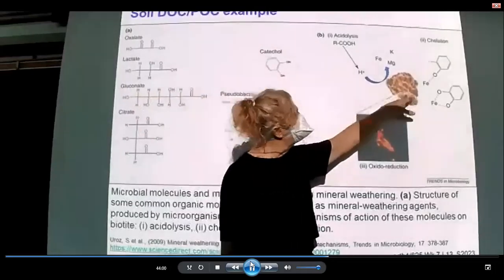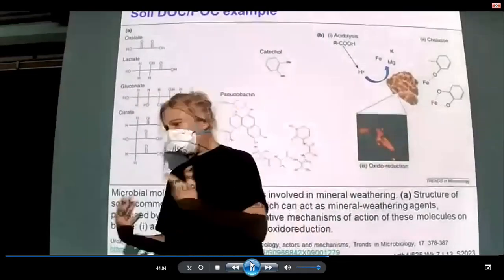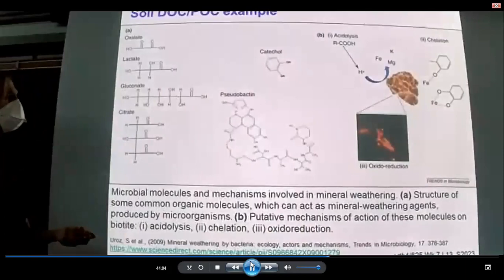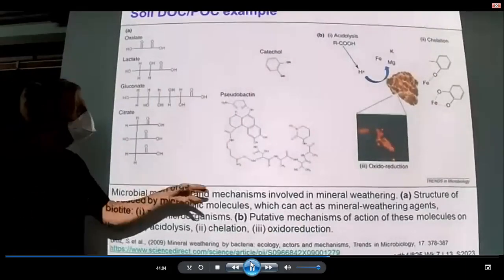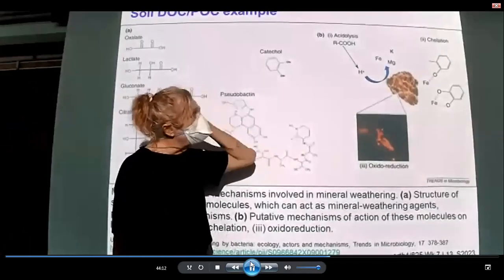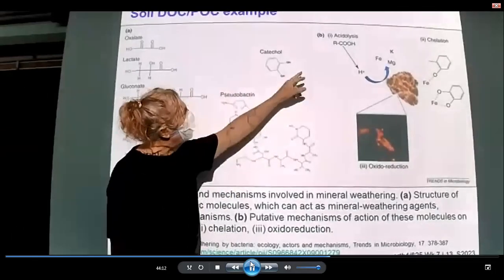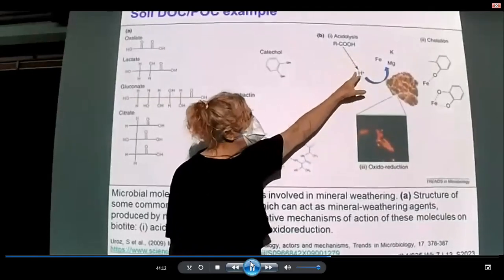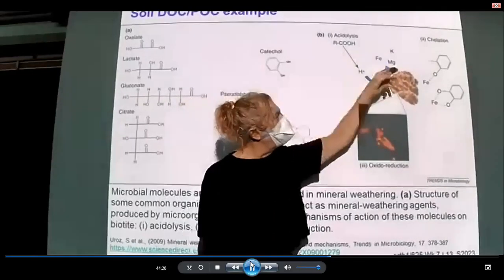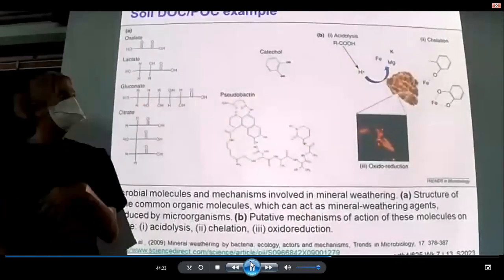There are two ways in which these molecules can help remove materials from solid minerals in the subsurface. One of them, the process of acidolysis, is taking a hydrogen ion that can be removed from the organic matter and using it to replace cations on a surface, liberating those cations into solution.